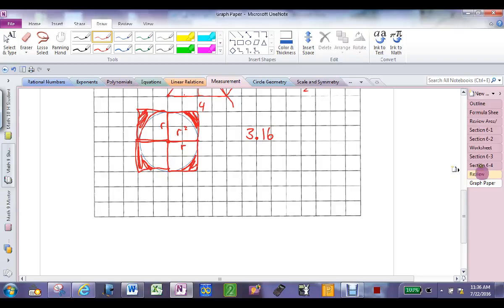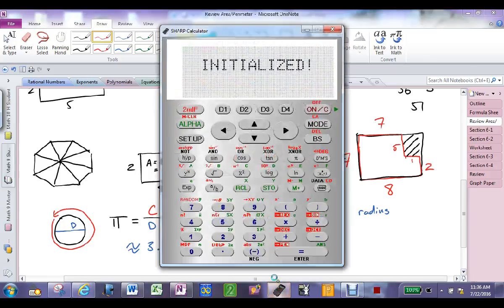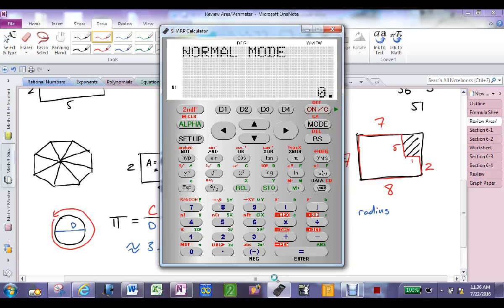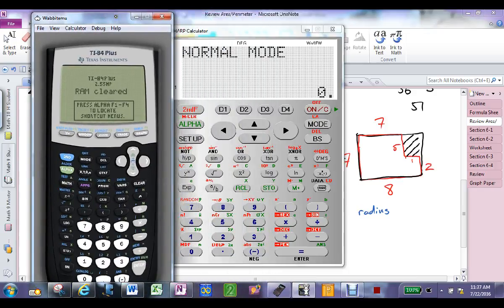Suffice to say that up until now we used 3.14, but what you guys are going to use is this. On every one of your calculators, you will see either a pi button or a pi written on your calculator above another button.